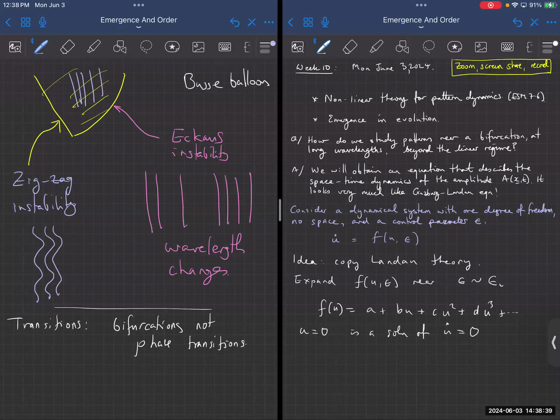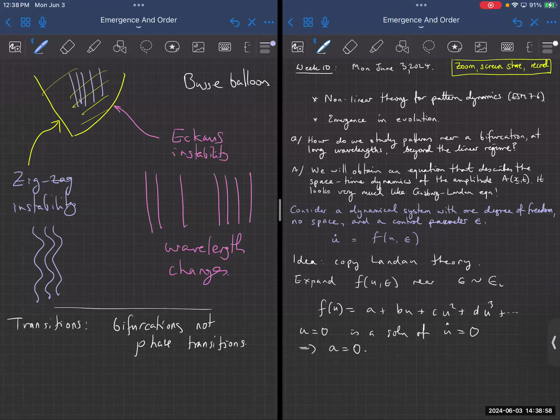Why do we want that? Well, we expect there to be a steady state where the system has no pattern at all, and that means that u is just a constant. So we'll say that constant is equal to 0. If we need that, then that tells us that the constant a must be equal to 0. So that's the first thing.